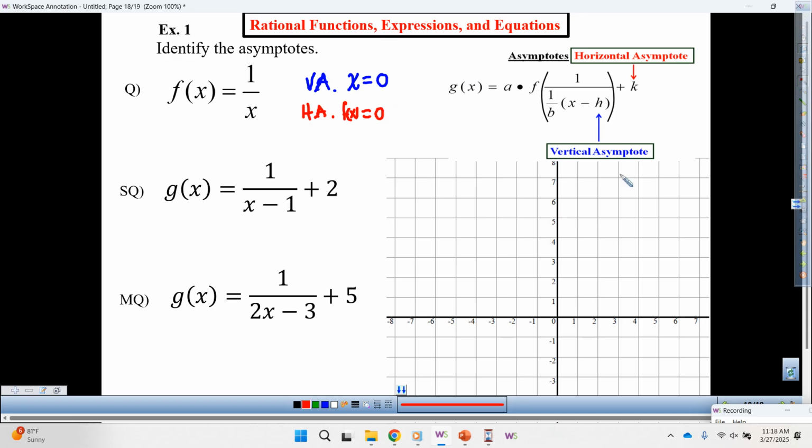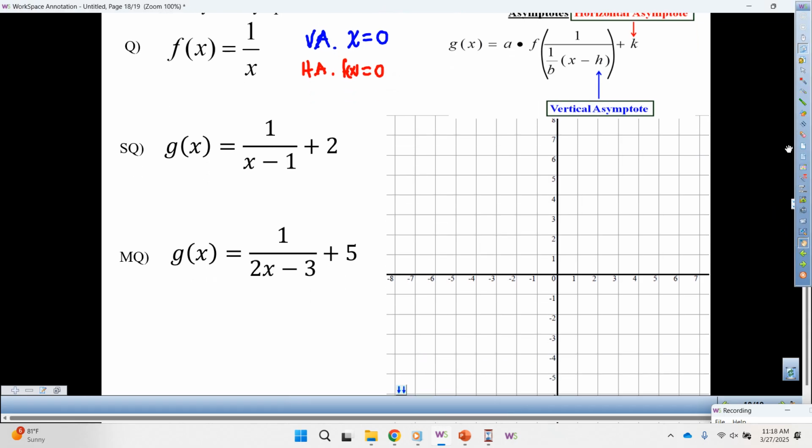So how does that look over here? So let's graph it over here. Check this out. In blue, I'm going to graph the vertical asymptote. So here's 0 of x. Vertical, I'm going to do a dotted line to indicate that there's an invisible line going through 0 of x.